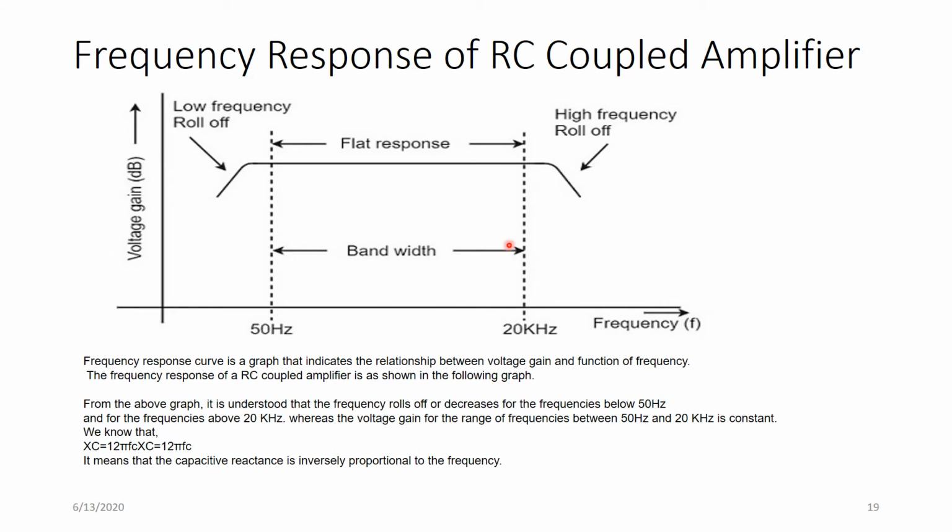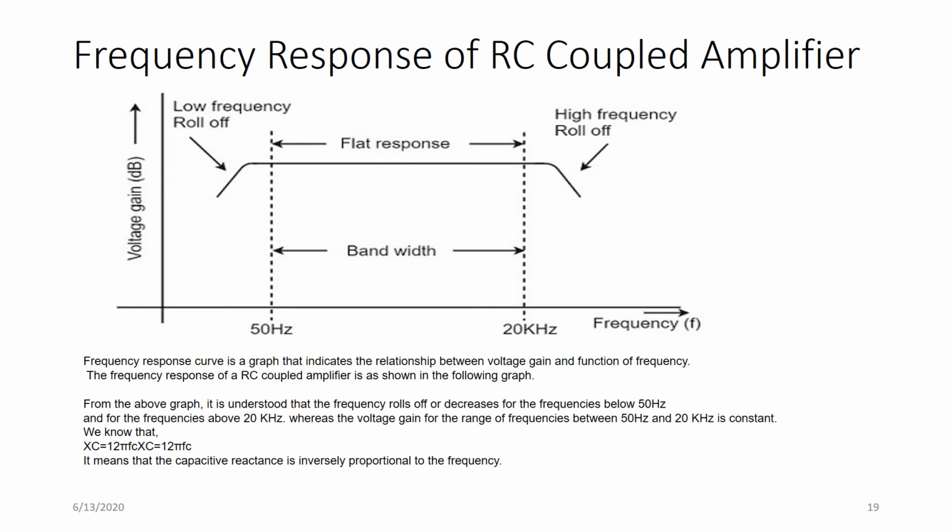Flat response: this is the required region in which the signal gets amplified at a uniform rate. I'm reading out the points on the slide on how the frequency response of the RC coupled amplifier is formed. The frequency response curve indicates the voltage gain as a function of frequency.